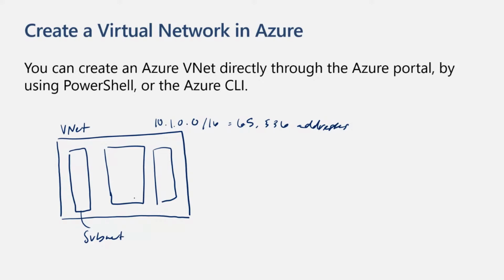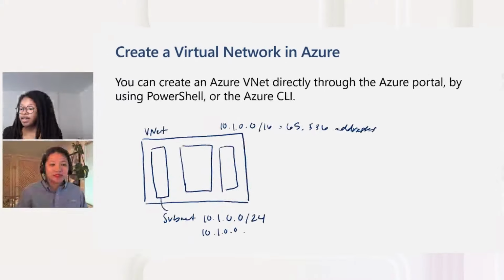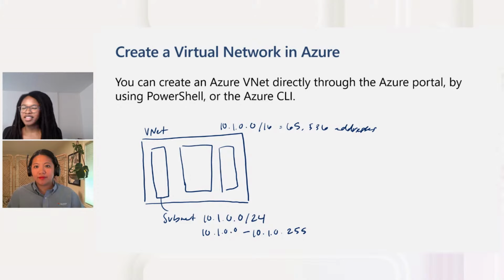So it could be something like 10.1.0.0/24. And you may be wondering, okay, what does this /24 mean? Well, if we break this down, what we're saying is we're allocating between 10.1.0.0 and 10.1.0.255.